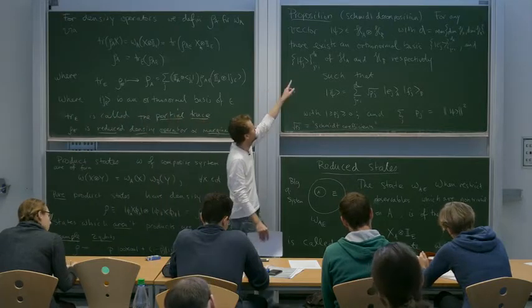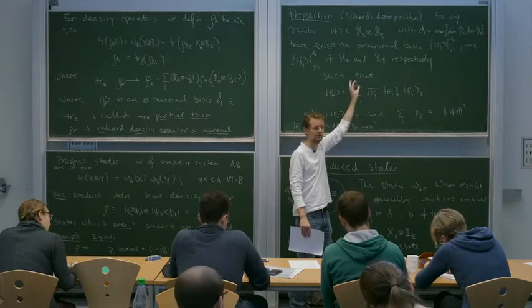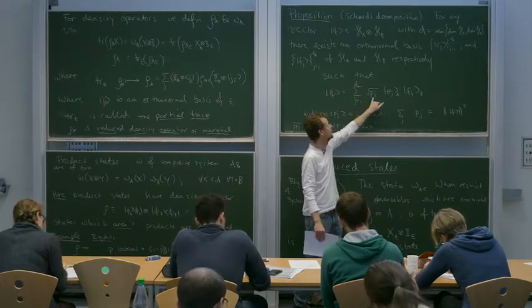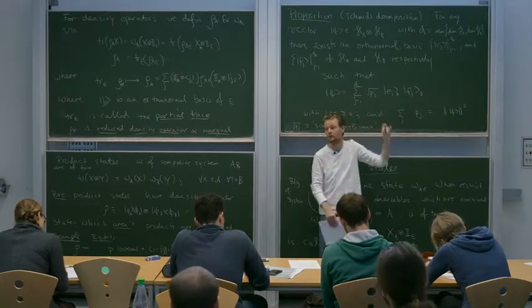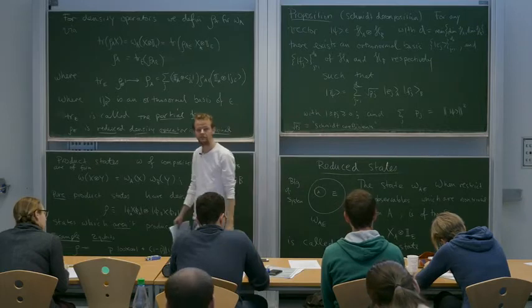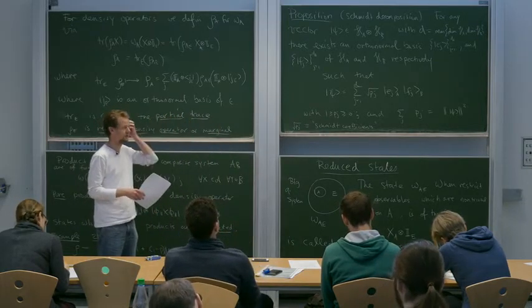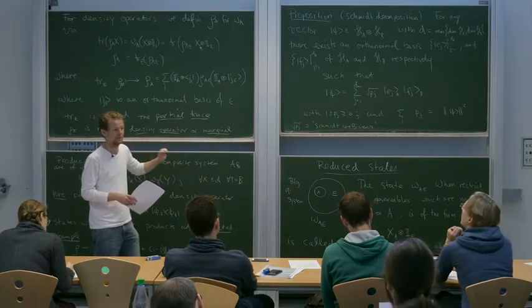So for every vector, every state of a composite quantum system, there's this normal form. You can always write it like this: as a single sum of non-negative coefficients of a bunch of orthogonal vectors like that. And this is super useful for lots and lots of reasons.